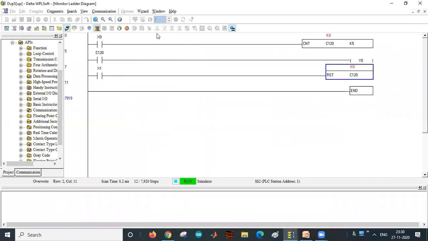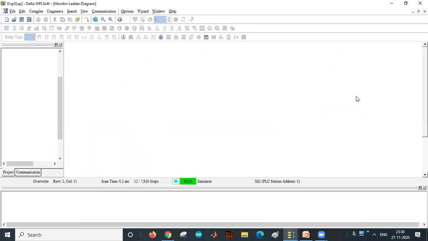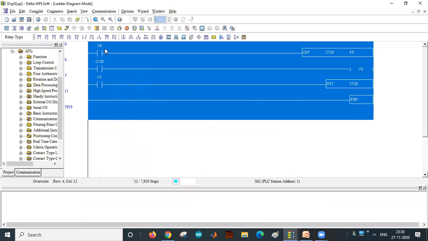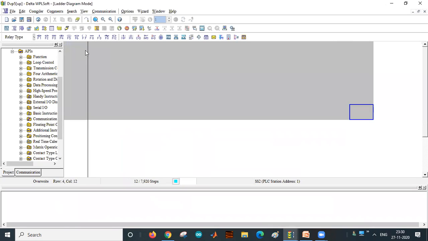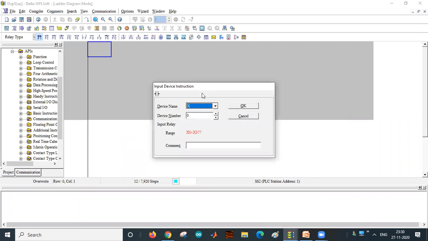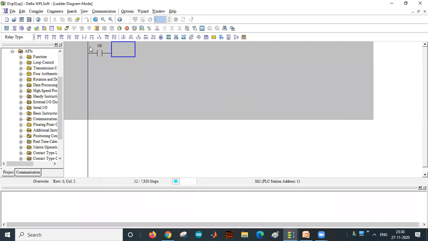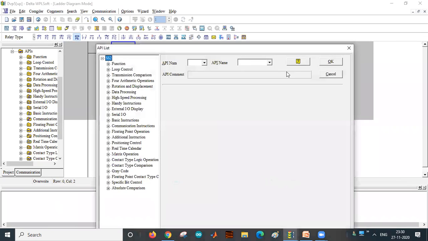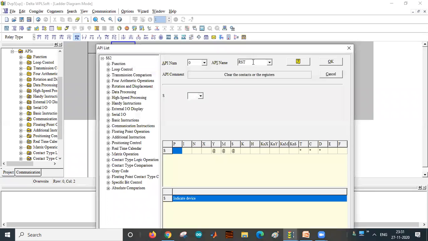So I'm deleting this. Here, whenever you press X0, what has to be done? You have to reset the flag register M1216.